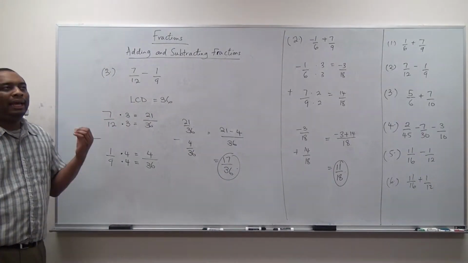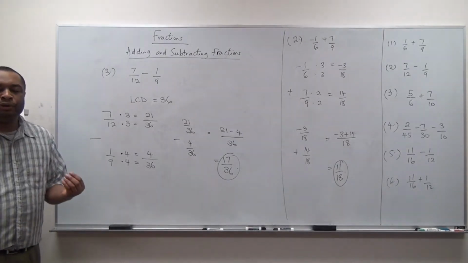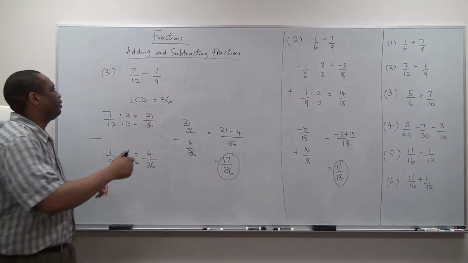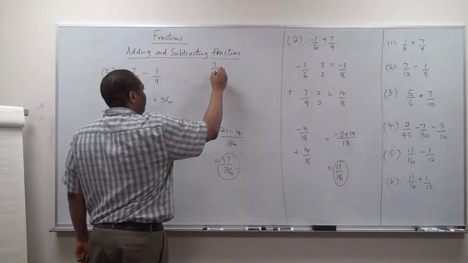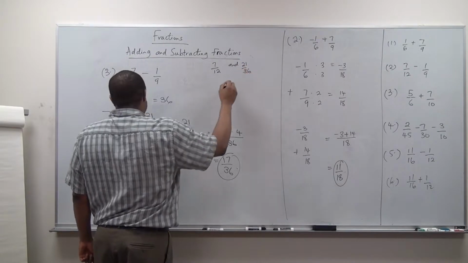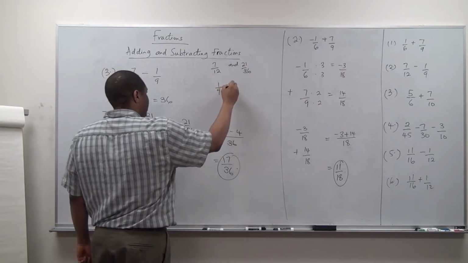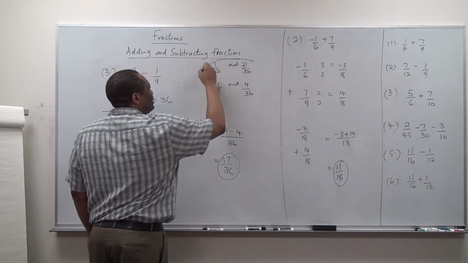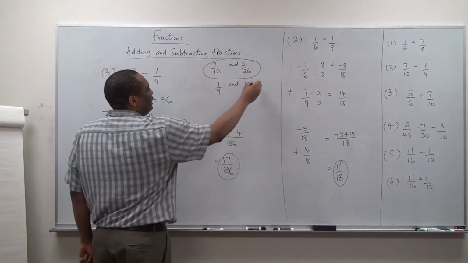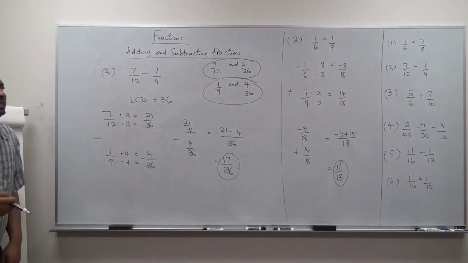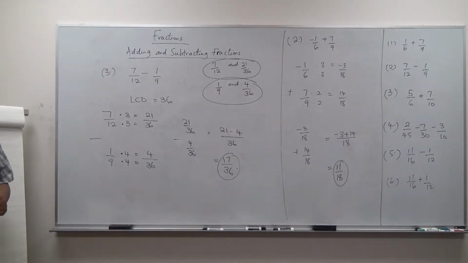Now, for a simple note, you have to find an equivalent fraction. Like when you compare 7 over 12 and 21 over 36, and you compare 1 over 9 and 4 over 36, these two fractions are equivalent. I would like you to view this video segment on equivalent fractions.